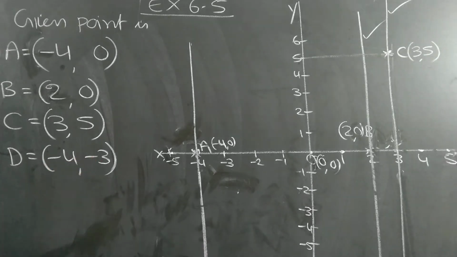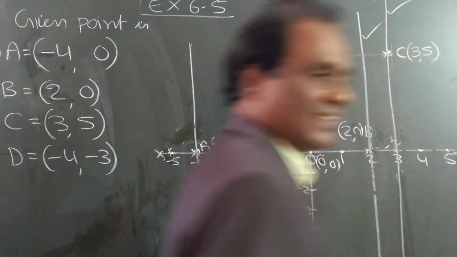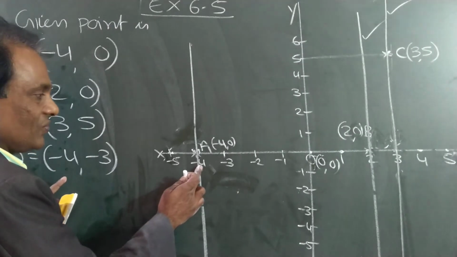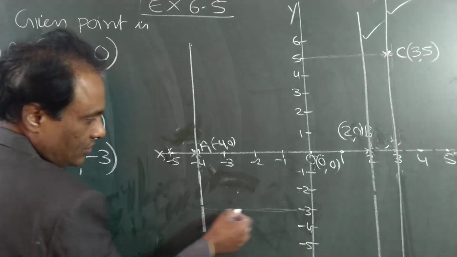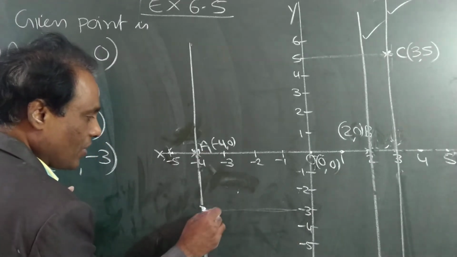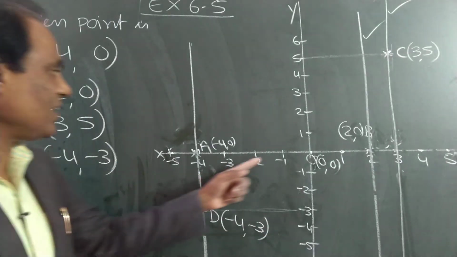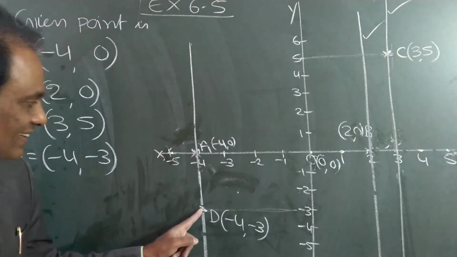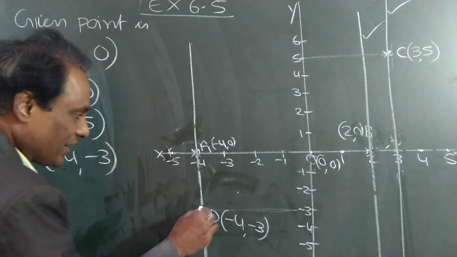X value -4, y value -3. This is the point.